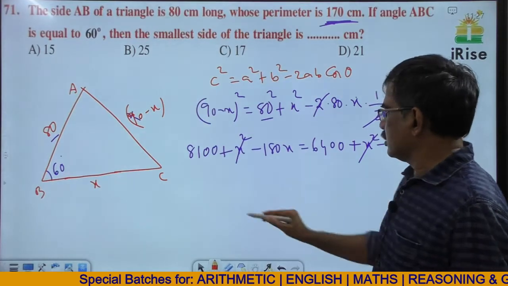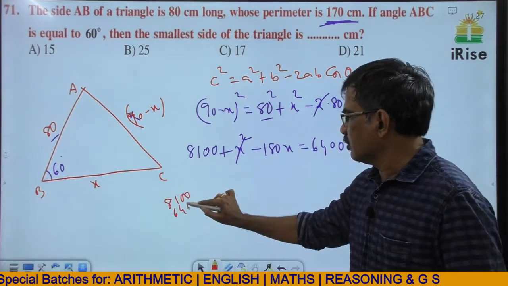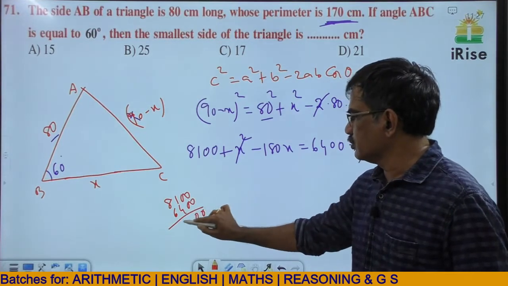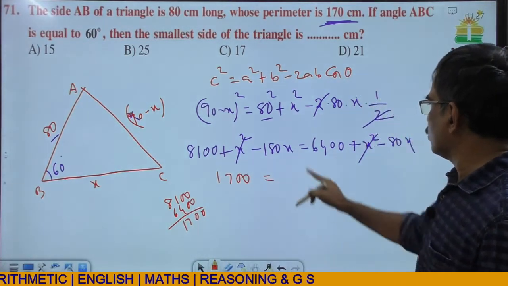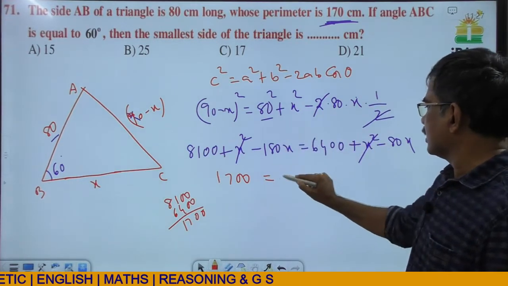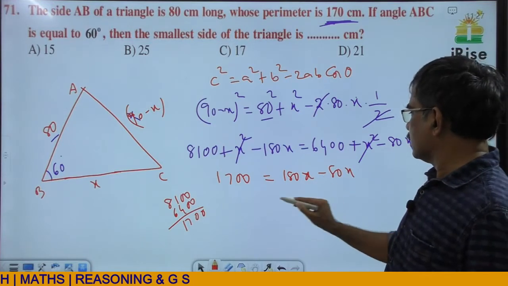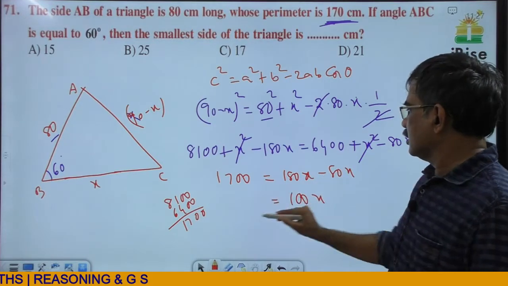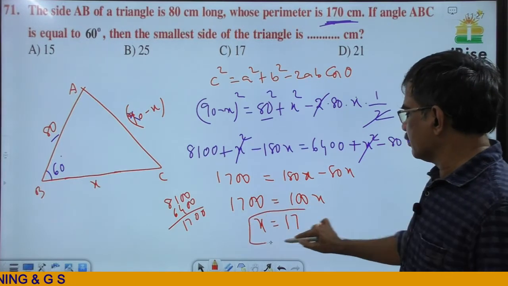Then 8100 minus 6400 is equal to 1700 is equal to, if you transfer, this is 180x minus 80x. This is 100x is equal to 1700. So x is equal to 17.